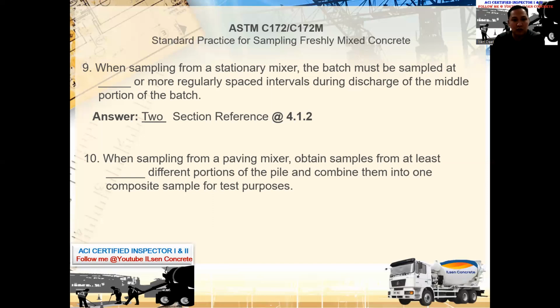The question is for the paving mixer, at least how many, either 2 or 5. So maybe the answer is 5. The answer is 5 according to section reference 5.2.2. You can check that one.